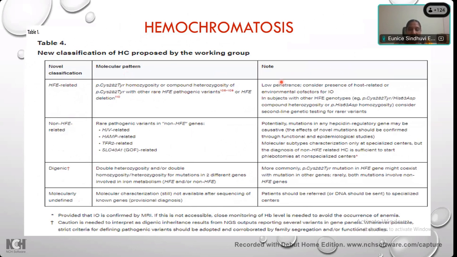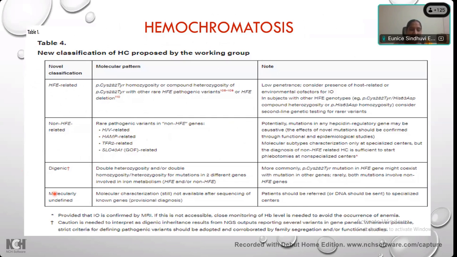This has a low penetrance and presents mainly in later life, whereas in non-HFE related, where hemojuvelin, hepcidin, transferrin receptor 2 and ferroportin gain of function mutations can lead to disease, these are rare variants, but they can lead to a severe phenotype. Most of these patients present earlier in life and have a severe phenotype as compared to the HFE hemochromatosis. And you can have a digenic form also, where you can have a heterozygous mutation in one gene and in one other gene, but that is very rare.